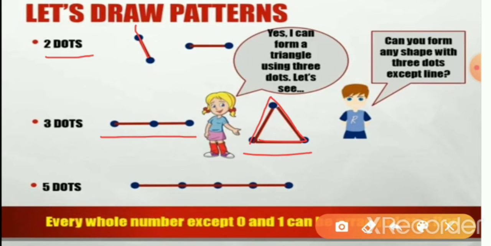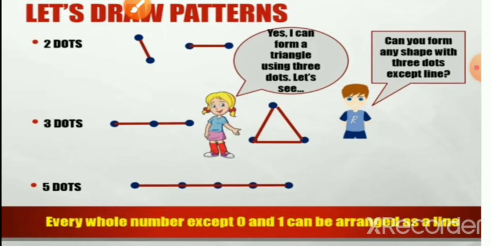And if we have 5 dots, we can form a line. So every whole number except 0 and 1 can be arranged as a line.